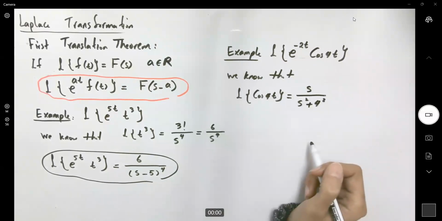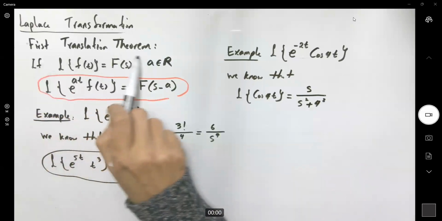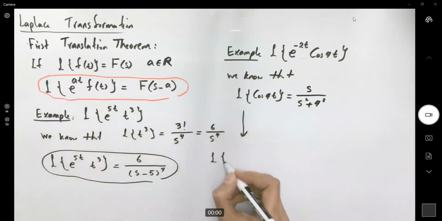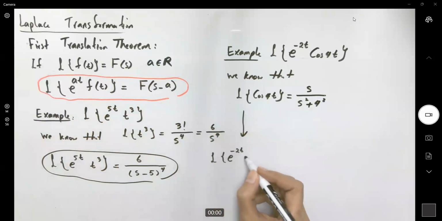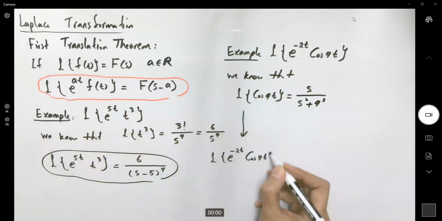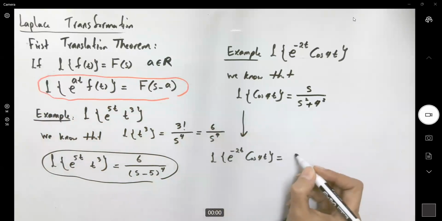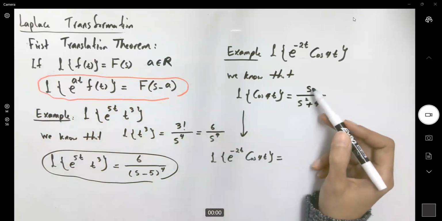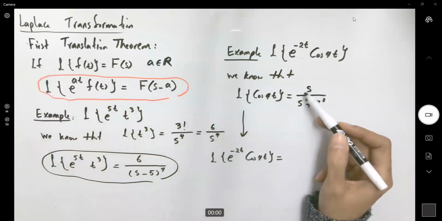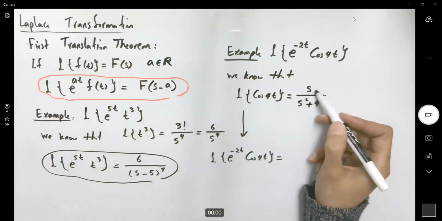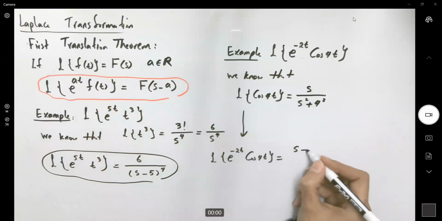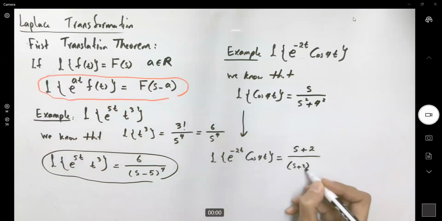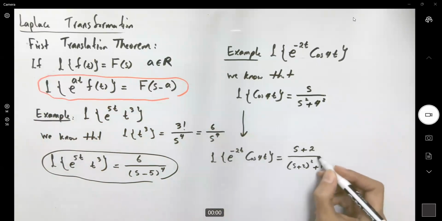The first translation theorem says, well, by knowing that, the Laplace of e to the power negative 2t cosine 4t can be written as, well, here you have to make the translation for both s on the numerator and on the denominator. So s minus negative 2 becomes s plus 2, divided by s plus 2 squared plus 16.